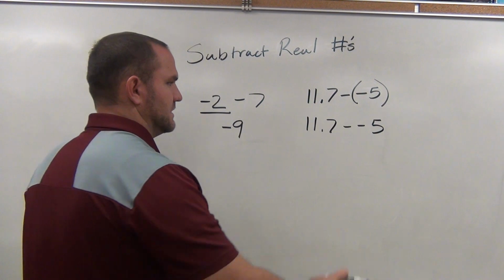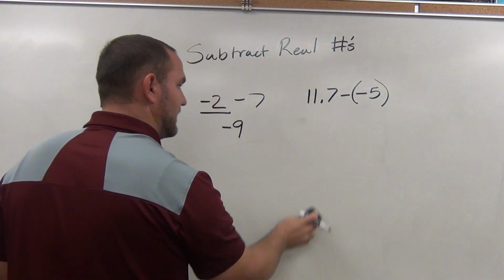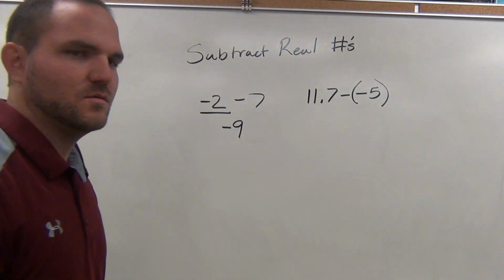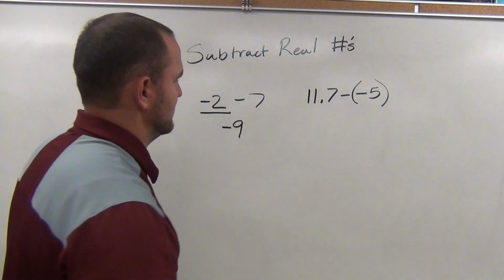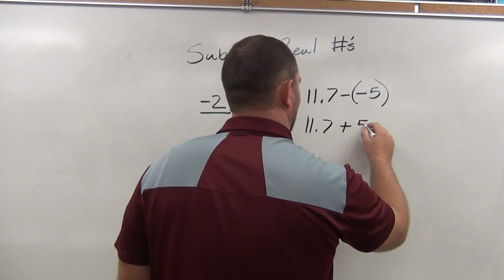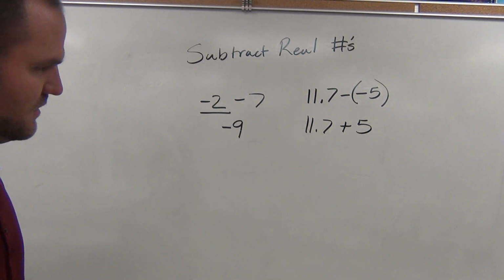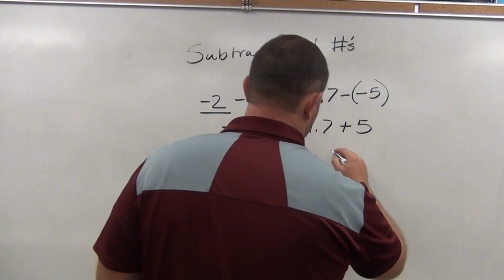And so once again, you have the double negatives. And if we have the double negatives, you would change it to a positive. Okay, so we changed it to a positive, and now we can go ahead and add them together.